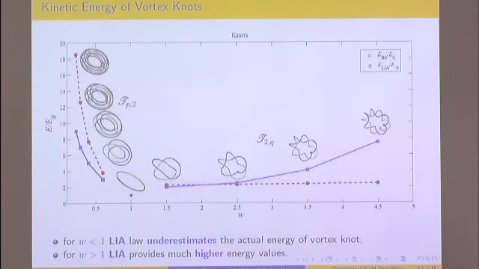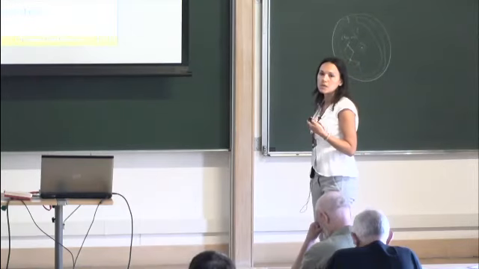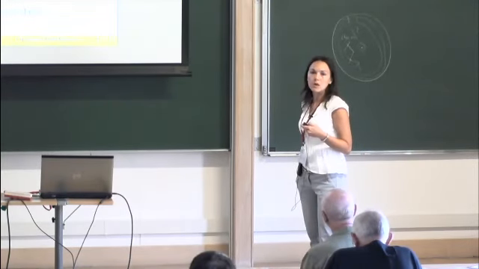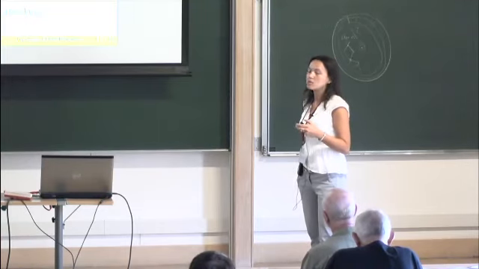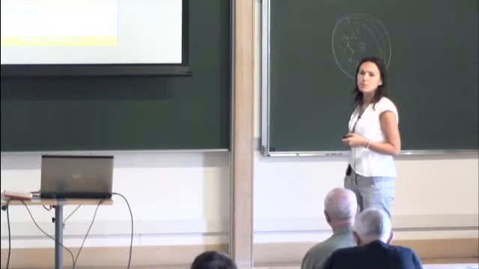On the other hand, for a winding number greater than 1, the localized induction approximation provides higher values with respect to the actual value of the Biot-Savart law. The main reason is that the localized induction approximation doesn't take into account the rotation and the non-local terms, so it takes into account just the translation velocity in the direction of the binormal.